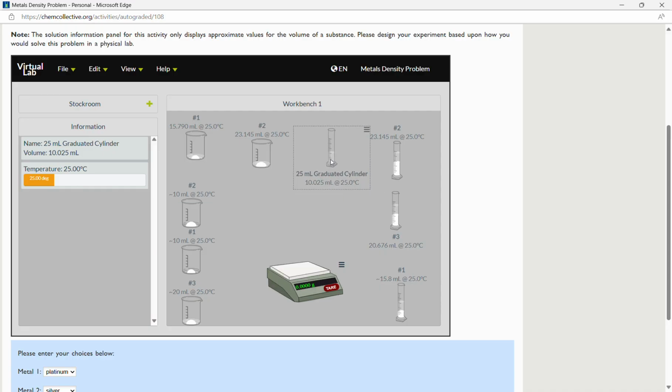So instead, I came to the closest one right here, which is the exact same measurement of water I'll be using throughout my whole experiment to identify the metals, which is 10.025 milliliters in a 25 milliliter measuring cylinder.